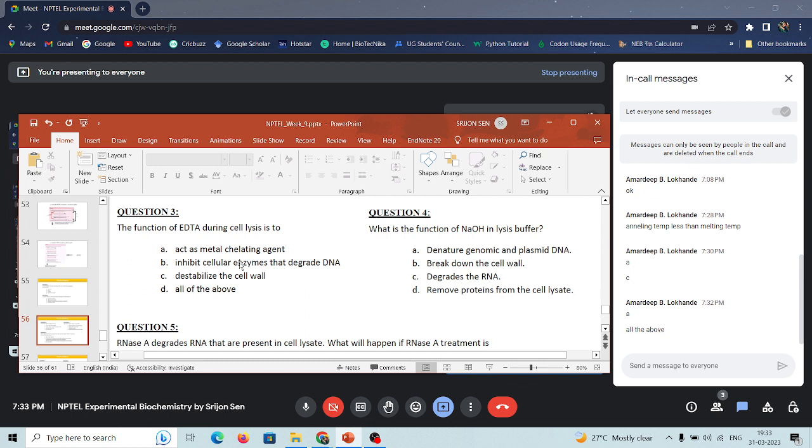This is an MSQ question, one or more than one can be correct. Okay, so if you think more than one option is correct, you can tell. Remove proteins from the cell lysate. Okay. Do you think anything else?